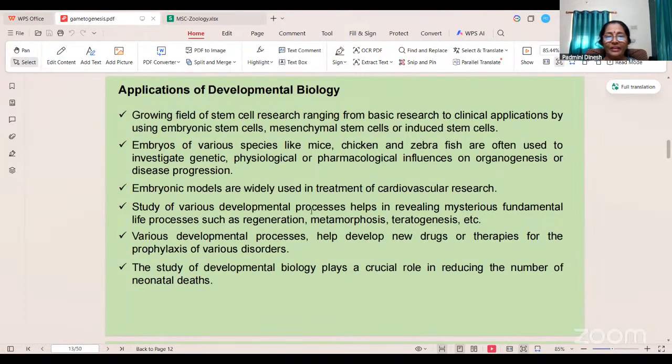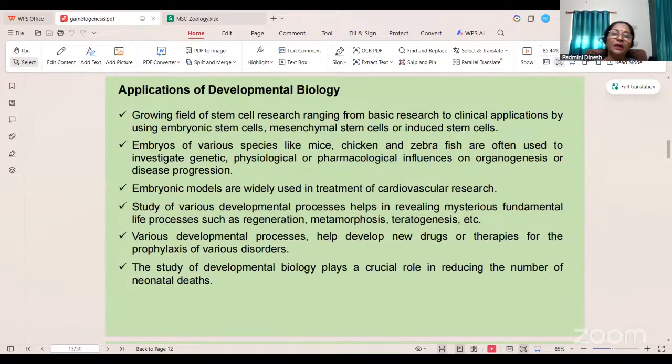And also there are various developmental processes which help in revealing mysterious fundamental processes like regeneration, metamorphosis, and teratogenesis. Regeneration: you must have studied how the starfish can regenerate if its limbs are broken, and the planarians can regenerate. We also have an organ that can regenerate, that is the liver.